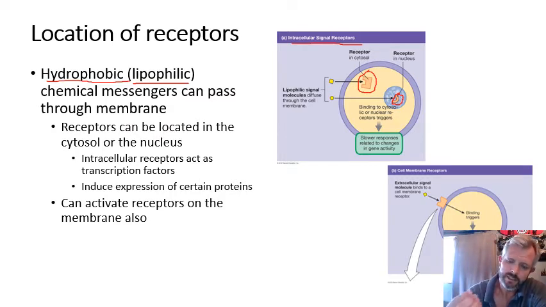The signaling through this is a little bit different than what we're going to see when we look at the receptors on the membrane. These intracellular receptors, when bound, act as transcription factors. Transcription is the first process involved in protein synthesis. So bound receptors are going to activate gene expression of certain proteins.